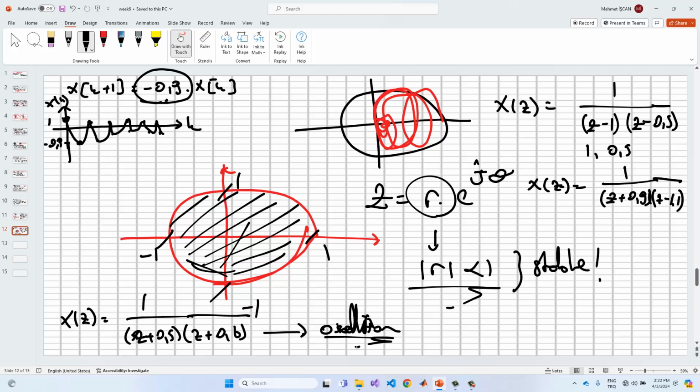This is a simple implementation for checking the condition of the system in the Z transform, and it is not affected by the sampling period in this case.